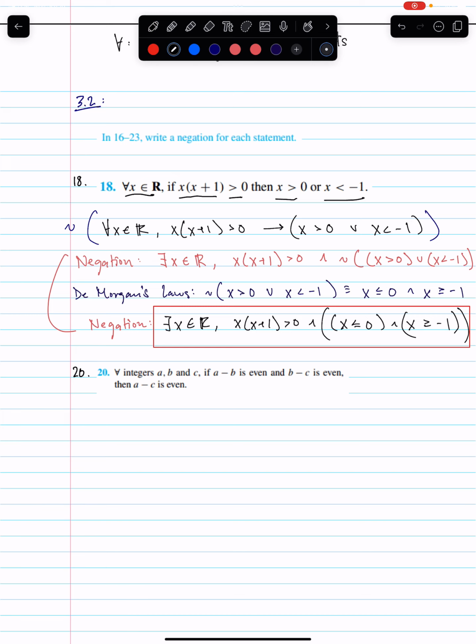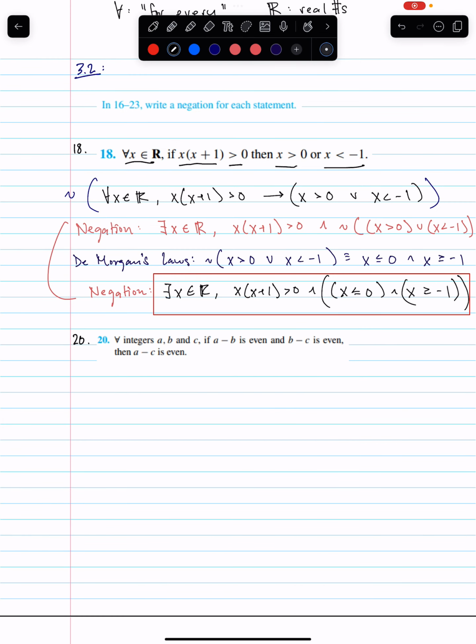Alright, next. It says for all integers a, b, and c, if a minus b is even and b minus c is even, then a minus c is even. And we want to find the negation of this. So I guess we could just rewrite this.